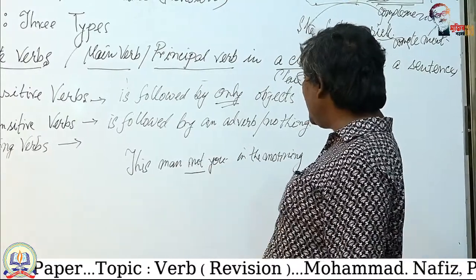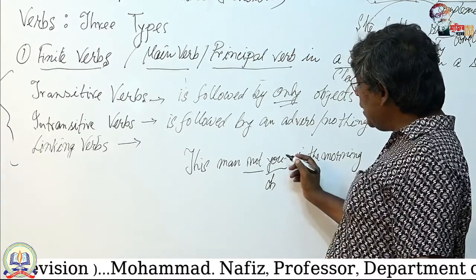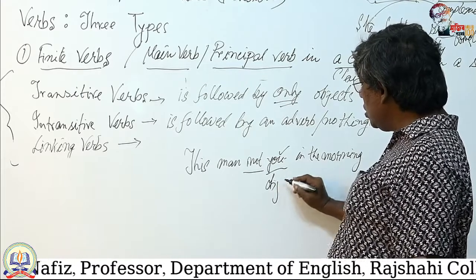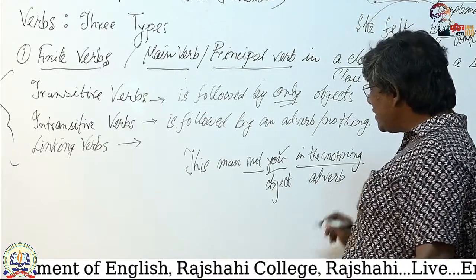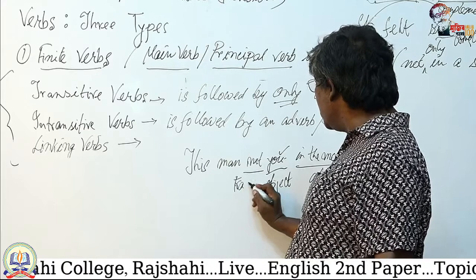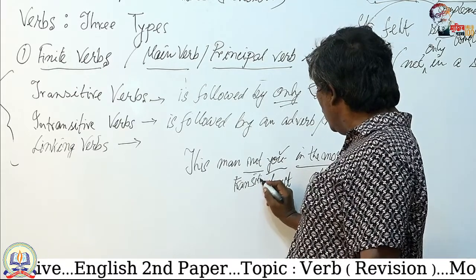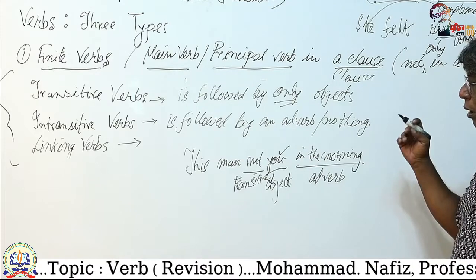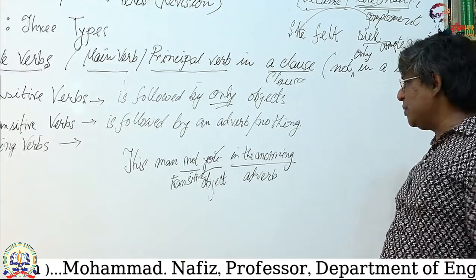We have the finite verb met, then we have the object you. You can make the verb met passive, changing you as the subject. You were met by this man, so you is the object, and in the morning is the adverb. And since we have an object, we will call this finite verb a transitive one. So, whenever we have an object following the finite verb, the finite verb is always a transitive verb.